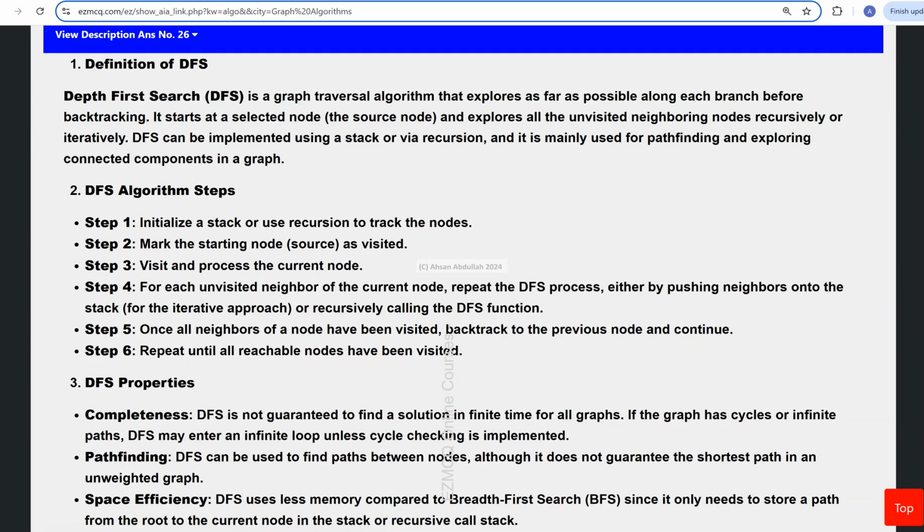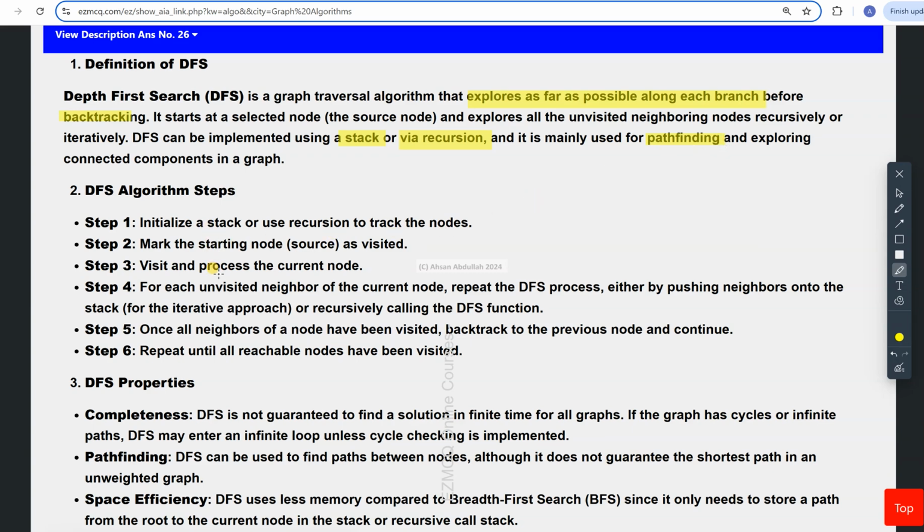All right. Okay, and it can be implemented using a stack or via recursion also. The applications are pathfinding and exploring connected components in a graph.